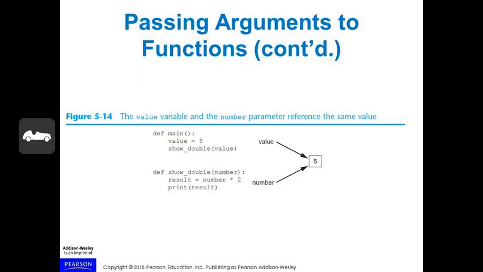So what happens behind the scenes is that when show double is called, value is assigned to number, so both of these two variables are pointing to the same piece of data, which is 5, which is defined here.